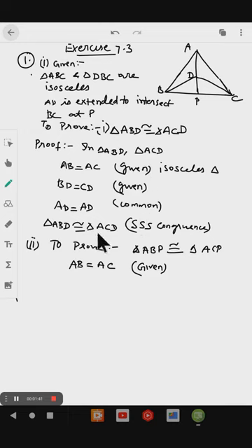Next we have to prove that triangle ABP is congruent to triangle ACP. Here also AB equals AC, that is given because of the isosceles triangle.